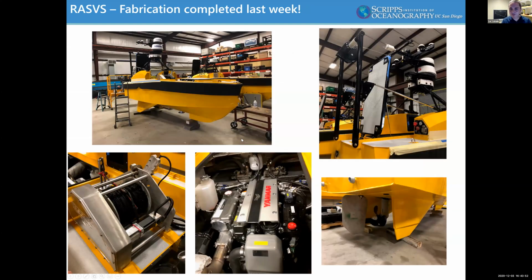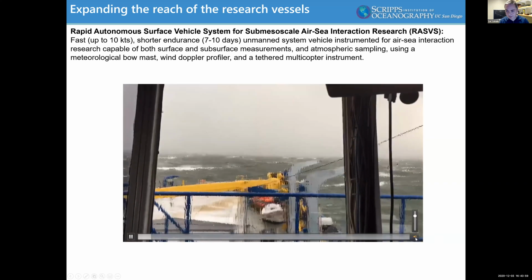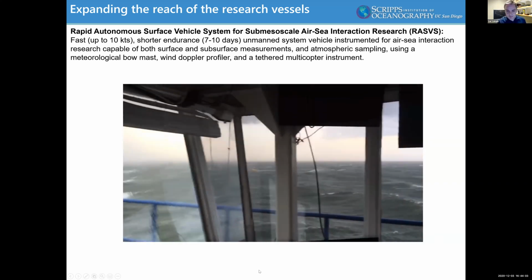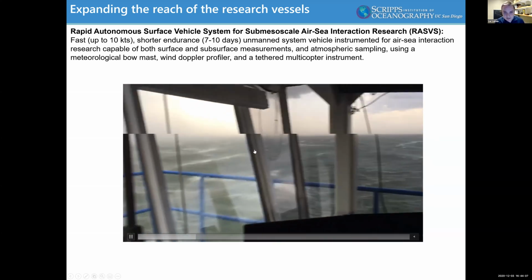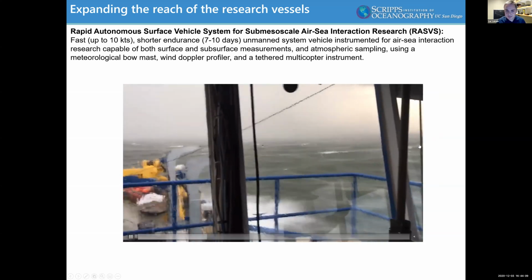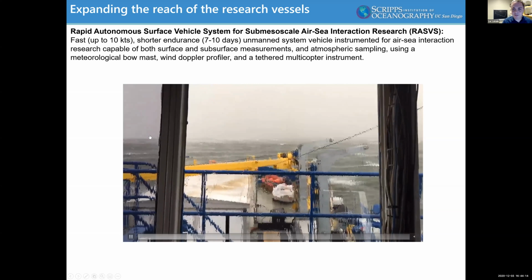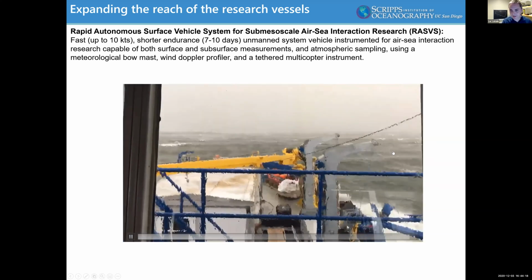And there's always a lot of questions about seakeeping with those kinds of platforms. So I'll just show you a video that was taken with a similar platform up in Alaska in a storm, and you might be able to see, here you go. Right on the right here, you'll be able to see a Seaworker 5. This is a platform that we use in severe weather, about 40-knot winds, stormy weather.